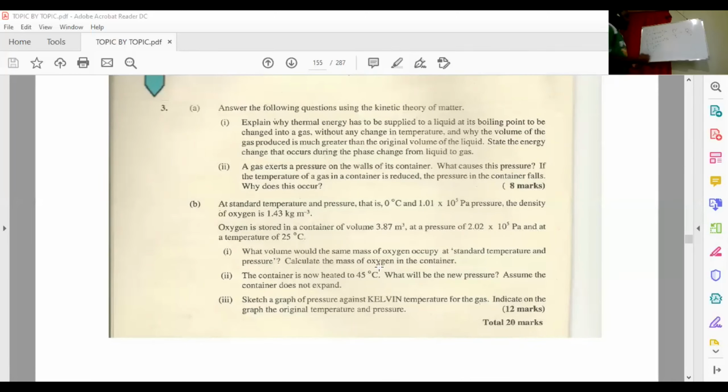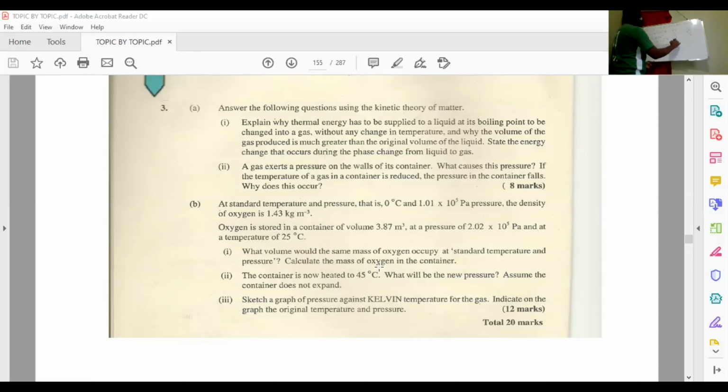So all we're doing now is substituting our values. Before we substitute, remember our temperature needs to be in Kelvin, so we add 273 to each. We get 273 Kelvin for T1, and plus 273 gives us 298.